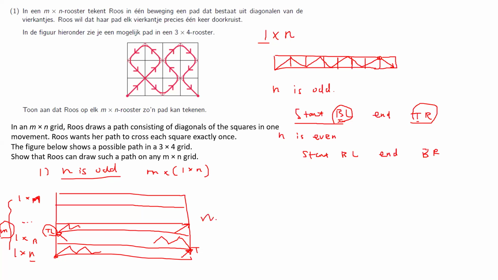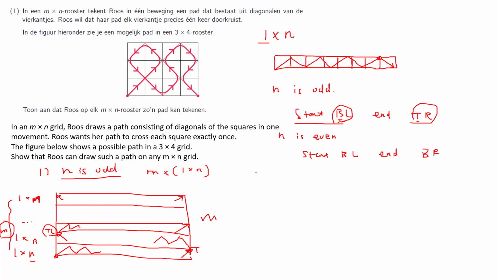So we have m components. At the end, we can find the path. It ends here or here, it doesn't matter, but the path exists. So that is the easy case.